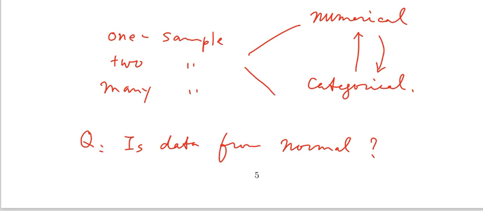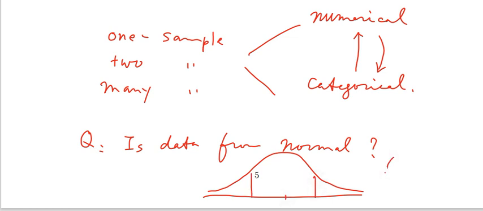How can we check that? We put the numerical data into categories. The idea is, for a normal distribution we have the 68, 95, 99.7 law.